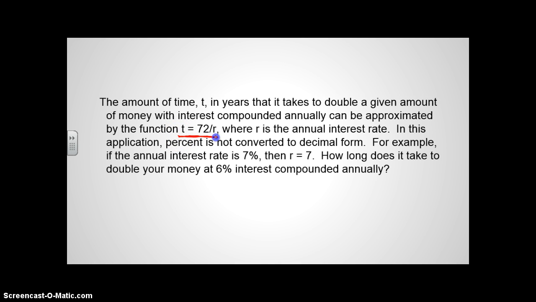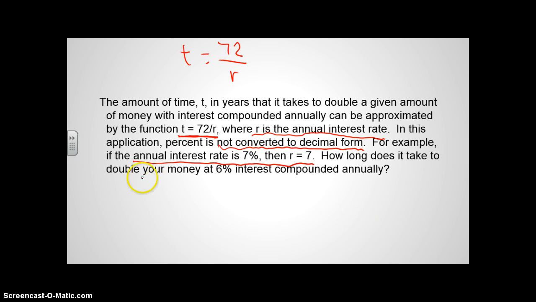So that's set up as T equals 72 over R, where R is the annual interest rate. In this application, percent is not converted into decimal form. For example, if the annual interest was 7%, then R is just going to be your 7. So something to make note of that.